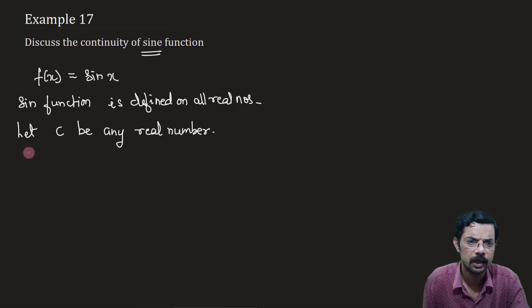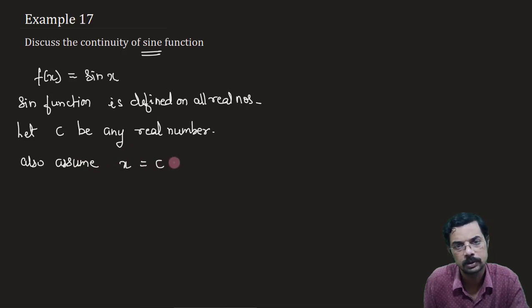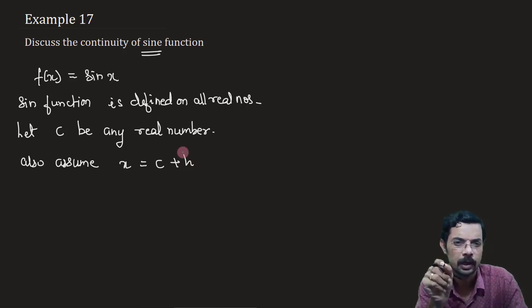Now, again, we will be taking a special assumption. Let us also assume that x is equal to c plus h. Now h is a very small quantity. When h is positive, x will be greater than c, and when h is negative, x will be less than c.